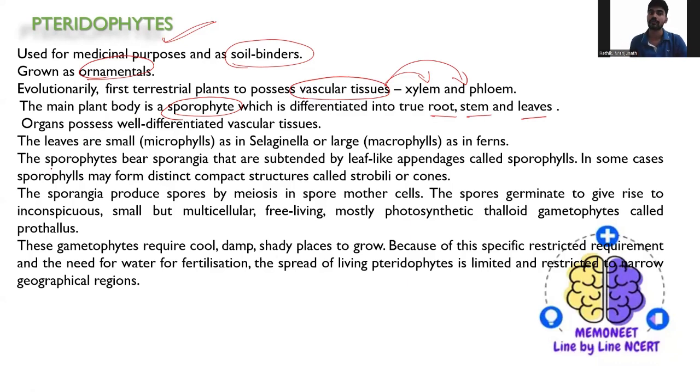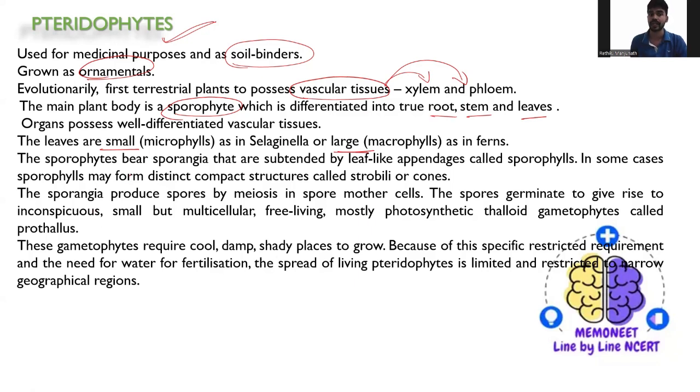Coming to the leaves, leaves are somewhat small, microphylls, which you have seen in the previous one, or they can be large, that is macrophylls, as you see in ferns. So leaves can be small or even large.